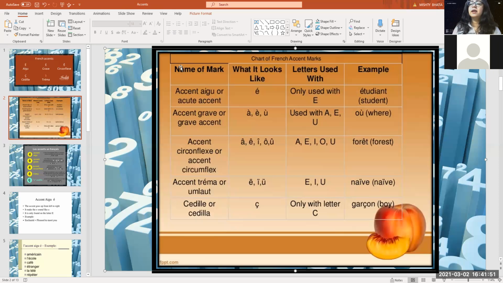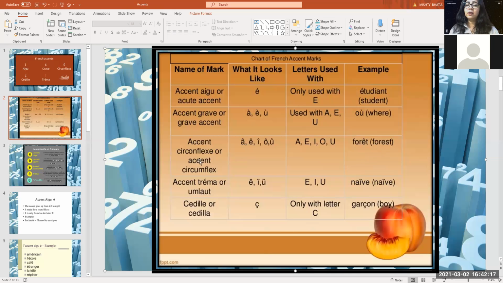For the I, I use the accent tréma, because I want to pronounce the letter I separately. Otherwise I would say it in a combined way. When we do more examples, you will be able to understand it better.